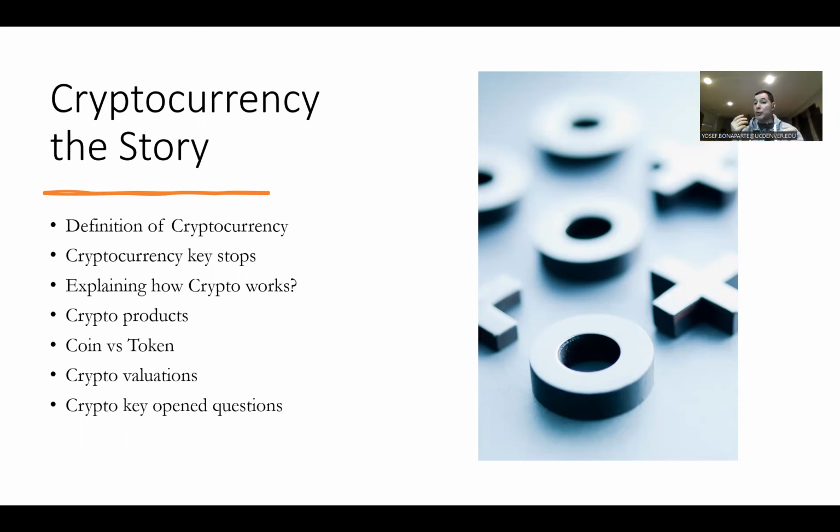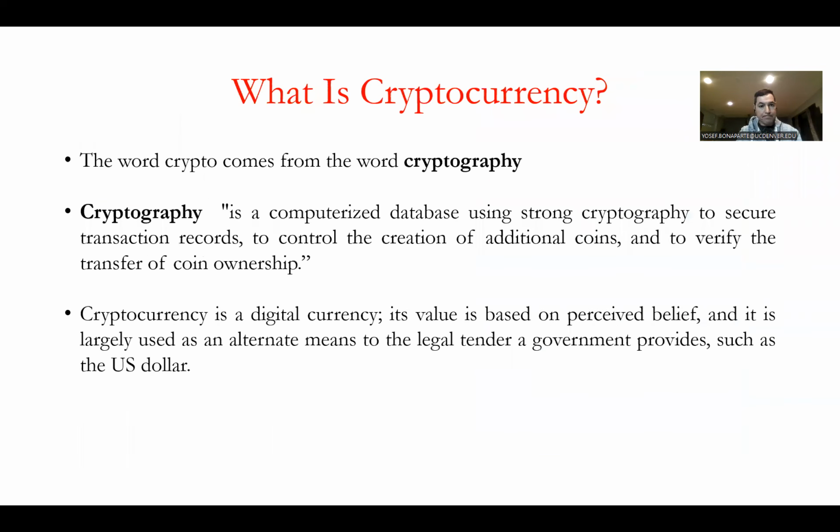Now, in the stock market, I teach how to evaluate Apple or Microsoft or any equity company. But crypto is a different way of doing that, because companies in the stock market have equity, they have earnings. Crypto doesn't have earnings. And then we're going to have crypto key open questions, and then questions about the chapter as homework.